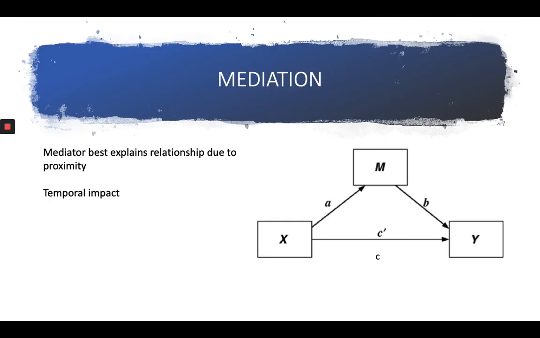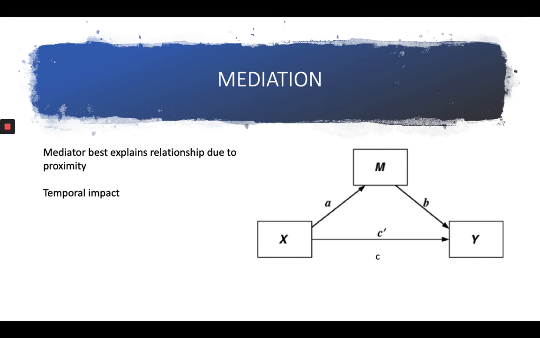So with mediation, you are more interested in explaining the relationship due to proximity to x. So the mediator should explain that relationship in a way that would not just be through x and y.